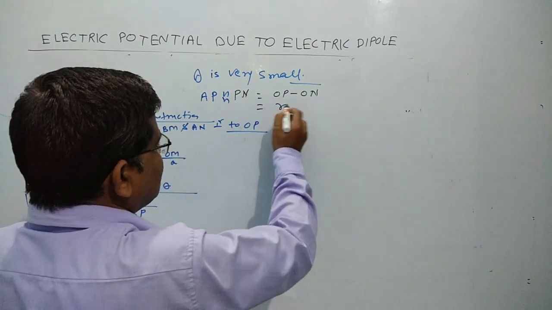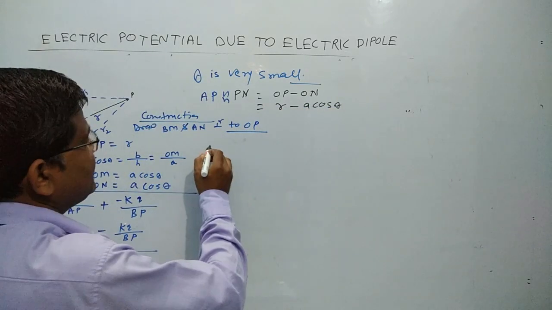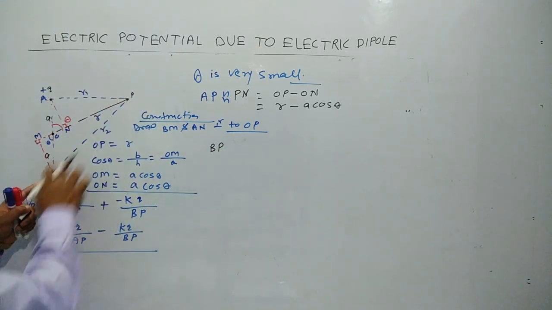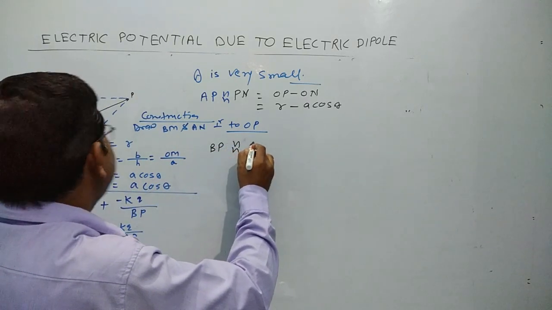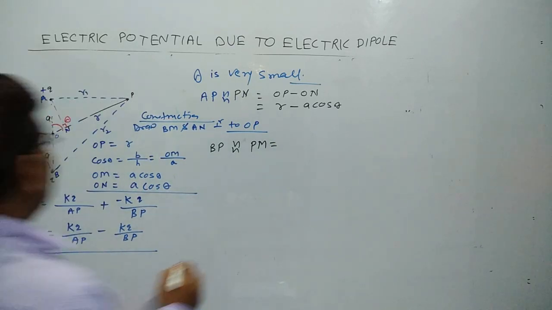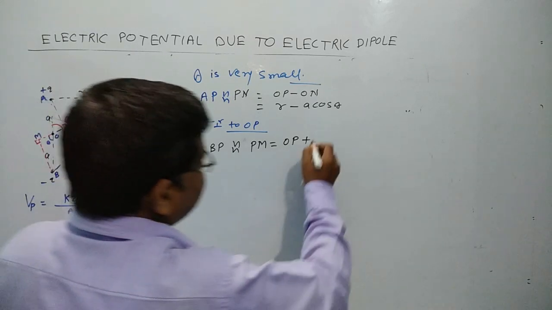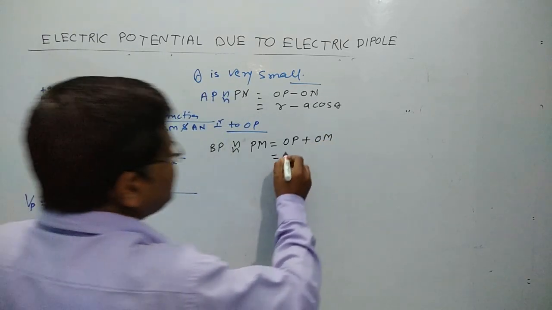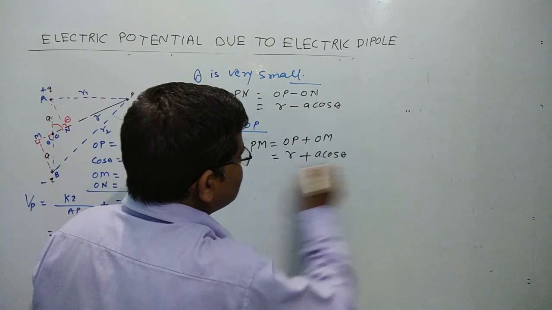OP is R, minus A cos theta. Similarly, BP is this distance, which is approximately equal to PM, and this PM is equal to OP plus OM. OP is R and OM is A cos theta.